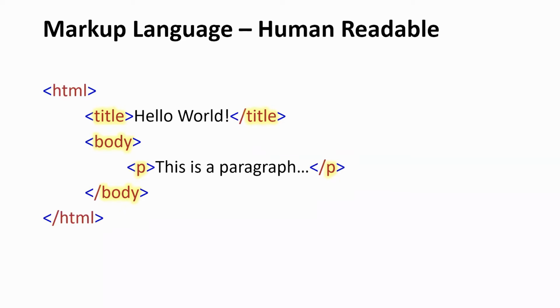So just by looking at the HTML code in front of you, it's pretty easy to see this is a title. It's going to show hello world. You can see that there's a body. And then obviously some things are a little more obfuscated or less easy to decipher what it means. So in this case, P is really what denotes a paragraph. But for the most part, you can look at the tags and pretty much see what it's trying to do just by looking at it.